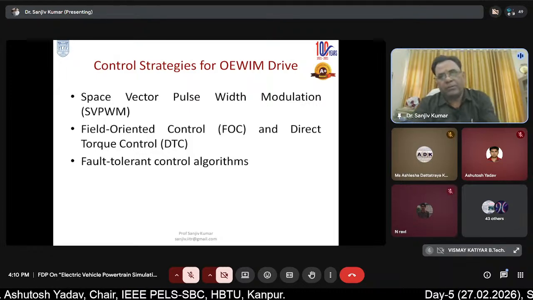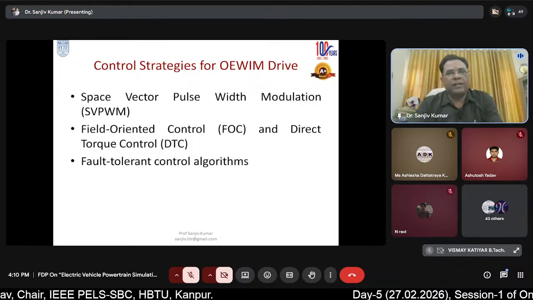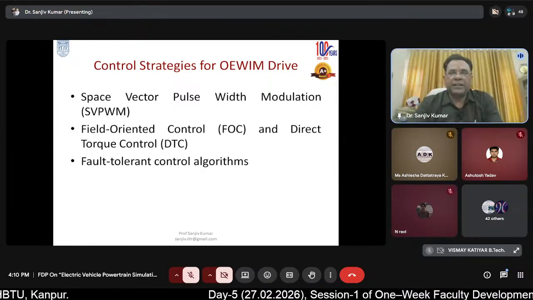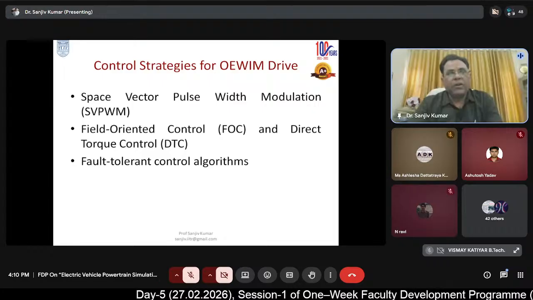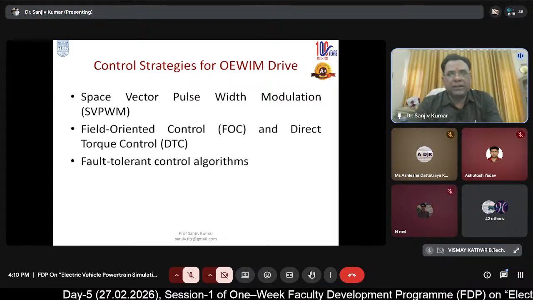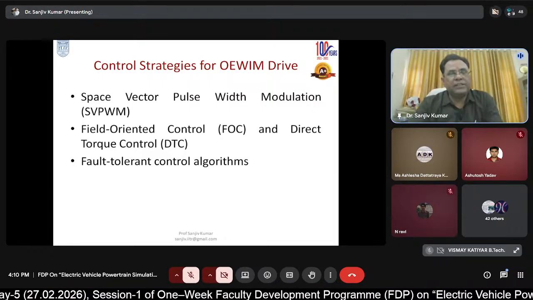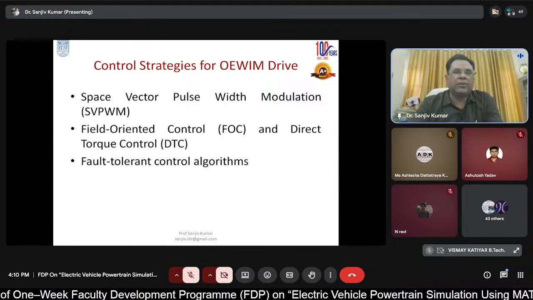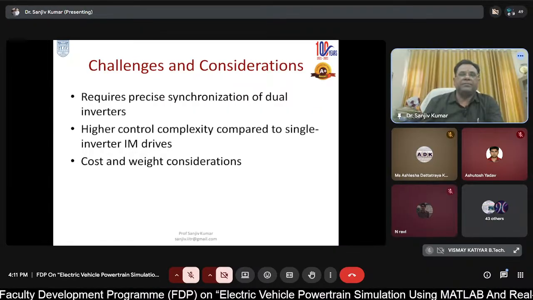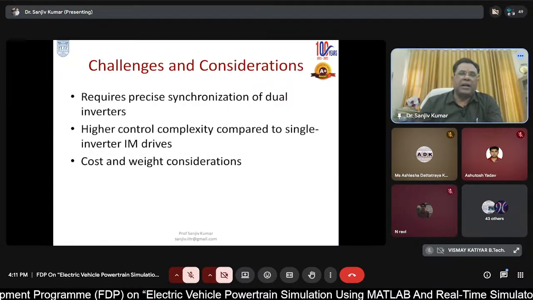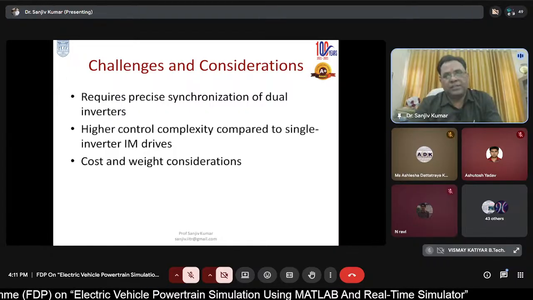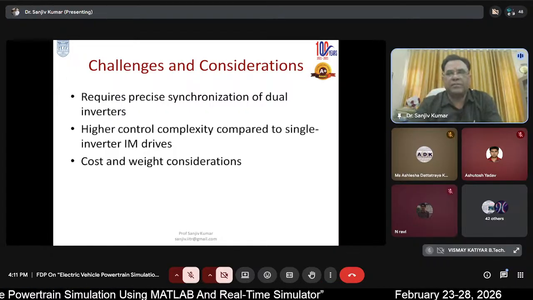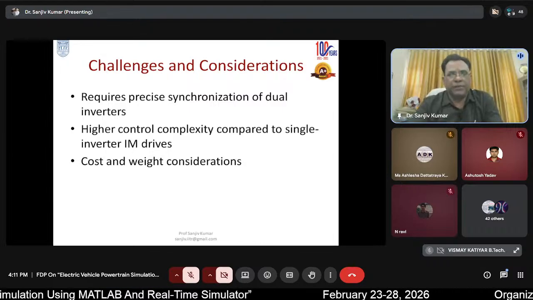Now, if we talk about the control strategy of open end winding induction motor drive, we use space vector pulse width modulation here, or we can use field oriented control, or DTC, which is direct torque control, or any fault tolerant control algorithm, right? The challenges to be considered: it requires precise synchronization of both inverters.